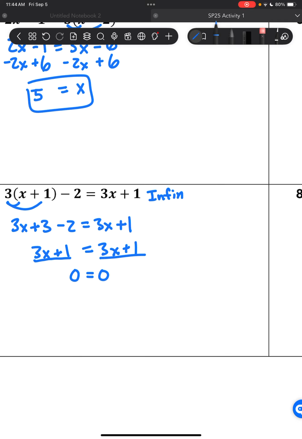I apologize. Infinite solutions. There's all real numbers. Or you can write the words all real numbers, or just simply this symbol right here.